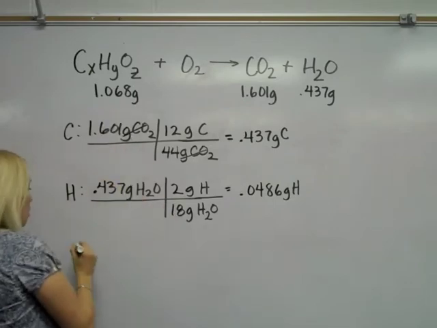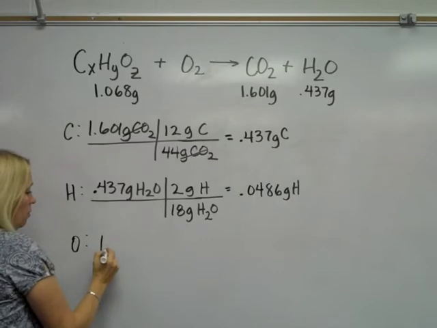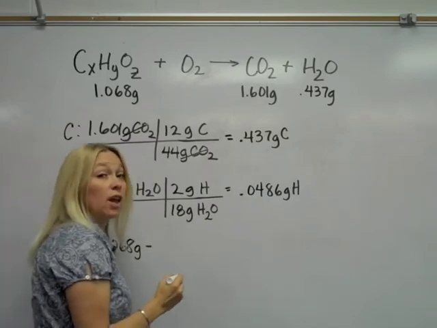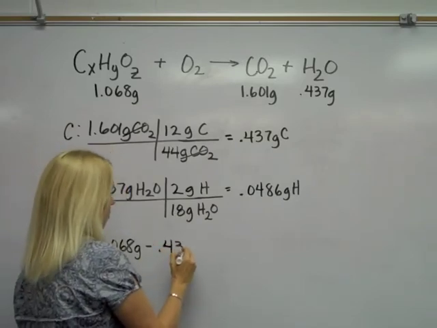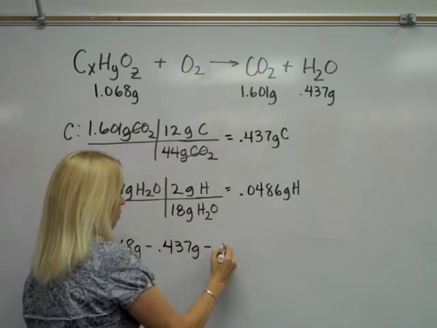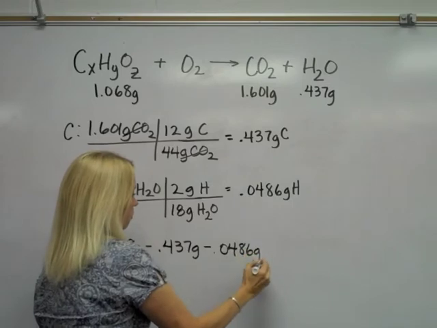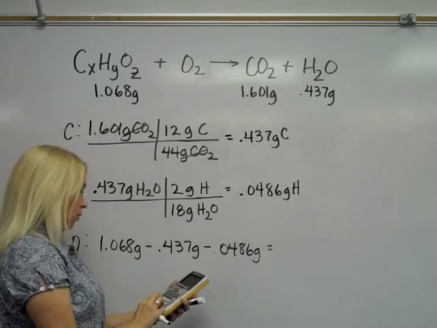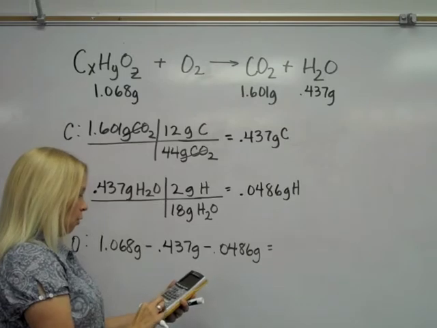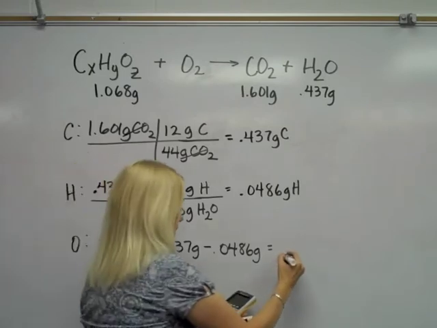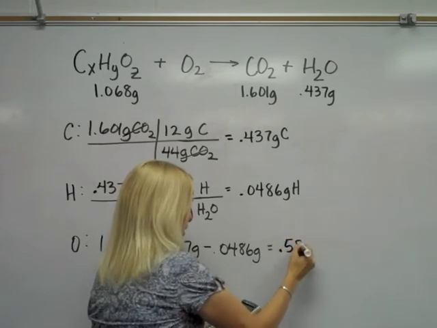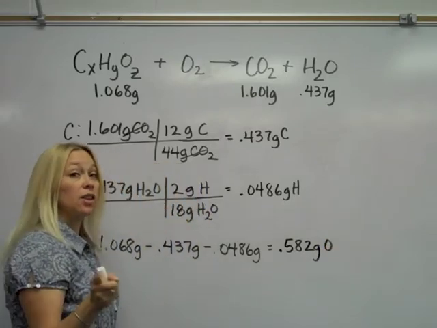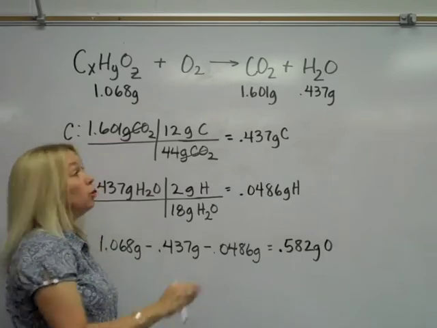To find the oxygen, we're going to take the total weight and subtract out the amount that's carbon and the amount that's hydrogen, and what is left is your oxygen. 1.068 minus 0.437 minus 0.0486, 0.582 grams of oxygen.